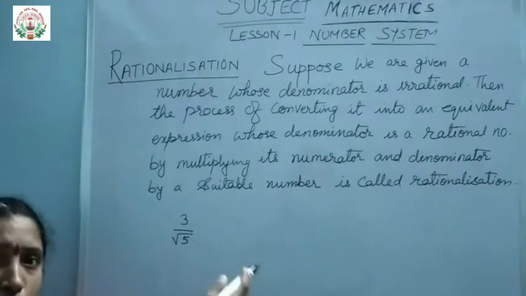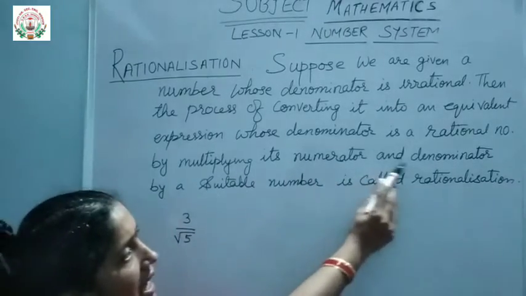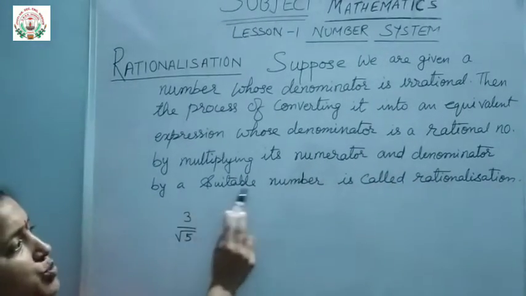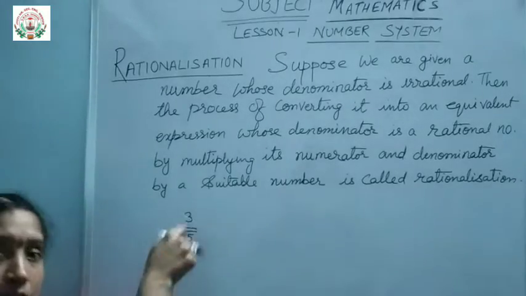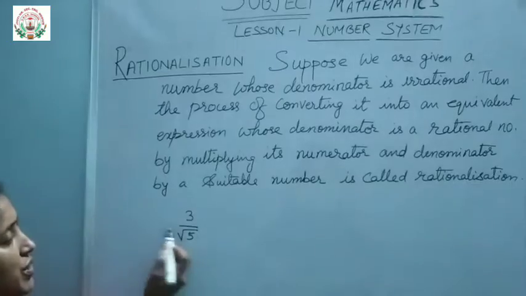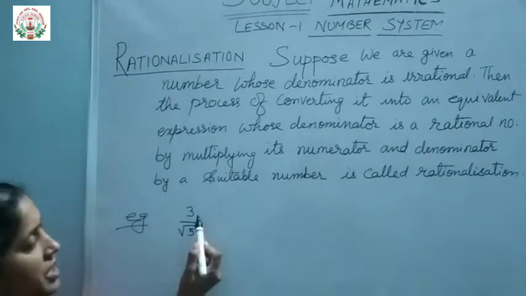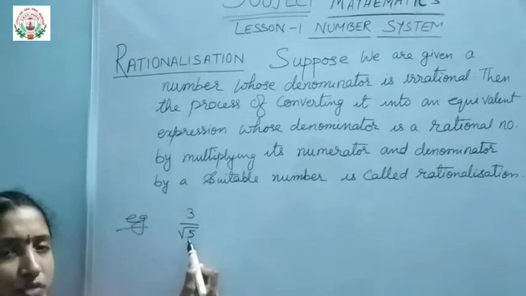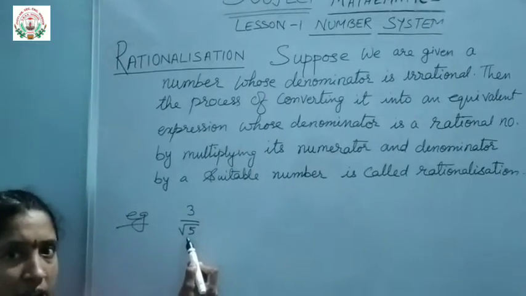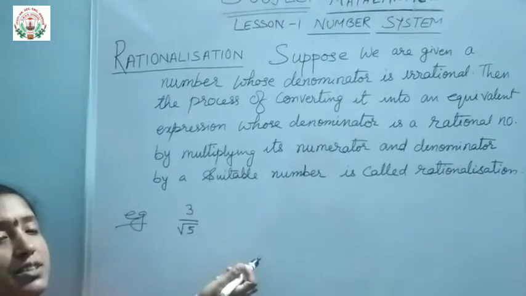So how will you do that? By multiplying its numerator and denominator by a suitable number. That method is called rationalization. Understood? Like for example, we took this 3 upon root 5. Here the denominator is root 5, which is an irrational number. Now we have to change this denominator into a rational number.